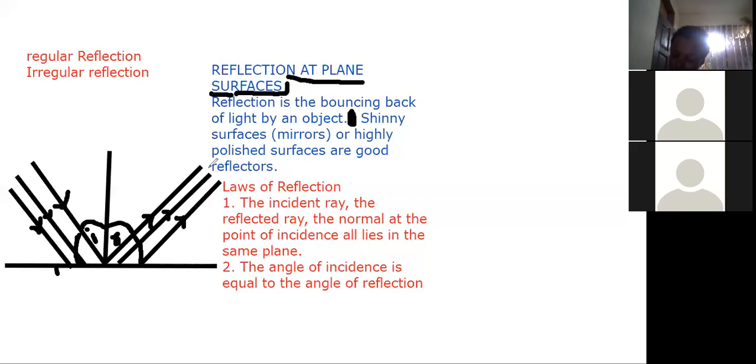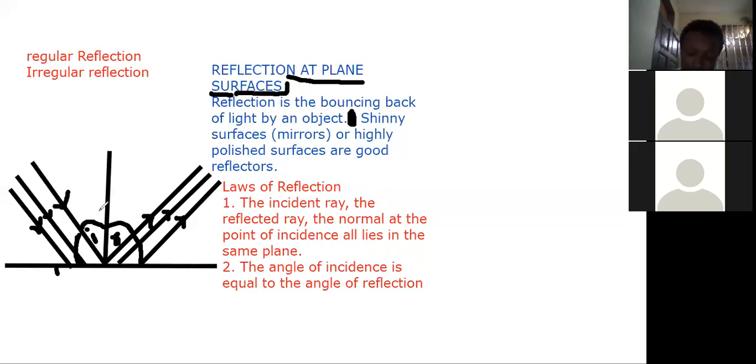It obeys the laws of reflection, which state that the angle of incidence is equal to the angle of reflection. It also states that the incident ray, the reflected ray, and the normal at the point of incidence all lie in the same plane.